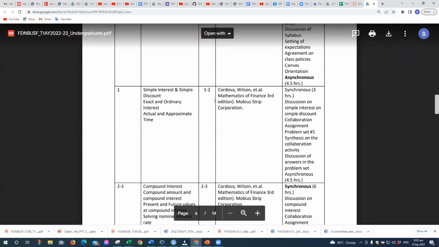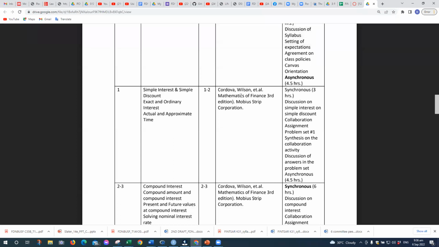Now this is just a reference. Cordova, Wilson, the mathematics of finance. The problem with this is, well, it's a Philippine textbook, and personally, I haven't checked if it's available at National Bookstore, but maybe it is.